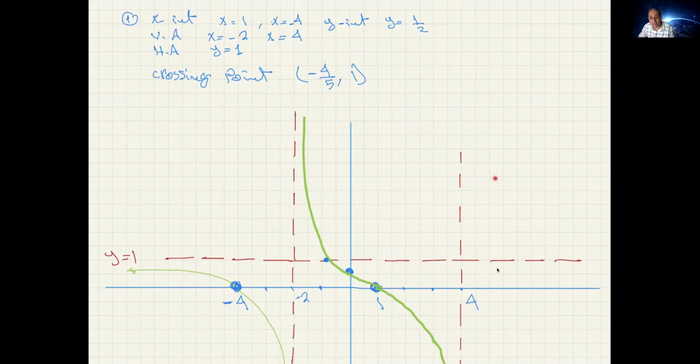Number 1, this is positive based on the test. Number 2, the function does not cross the horizontal asymptote at this point. Therefore, it must be in this area. How can I graph this one? I graph it this way.